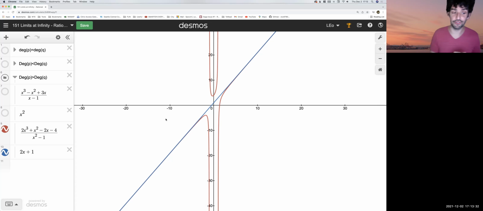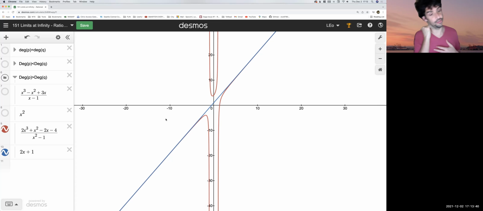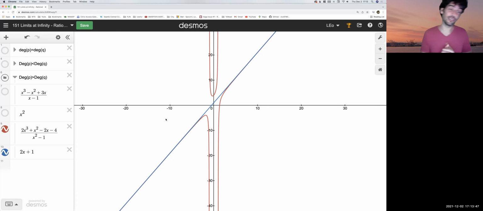If I wanted to know what's the value at x equals 1,000,000, I'm not about to do 2 times 1,000,000 cubed plus 1,000,000 squared minus 2,000,000 minus 4, and then divide that by 1,000,000 squared minus 1. But I can tell you it's really close to 2,000,001 because it's really close to that line, right? And you can do that in your head.